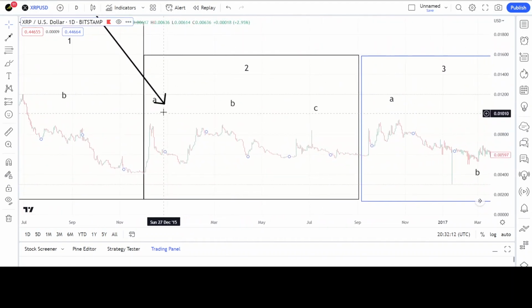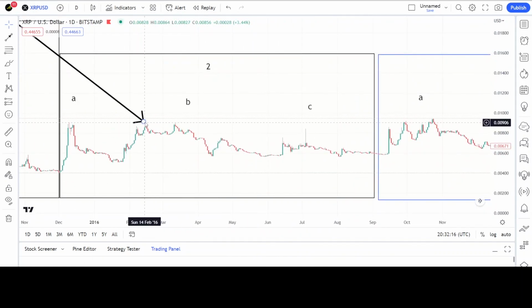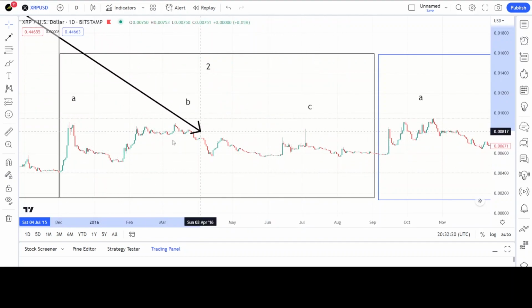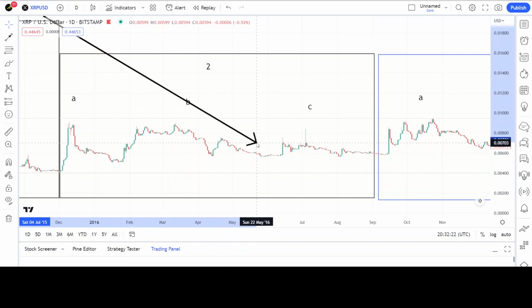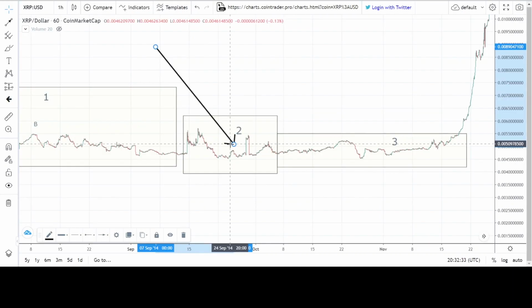So there are 3 different parts to this. Part A right here, part B, and then part C. So in part B, we have a divide, a split, just like we had over here on CoinTrader Pro. This is the zoomed in chart. In 2014, you have that first part of the wave and the second part of the wave.